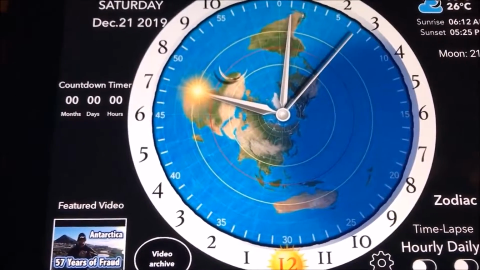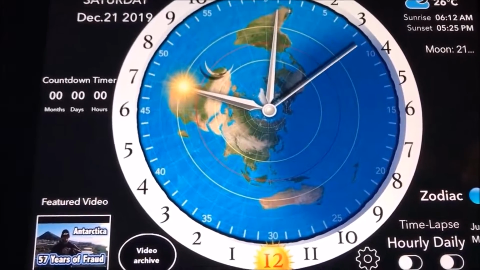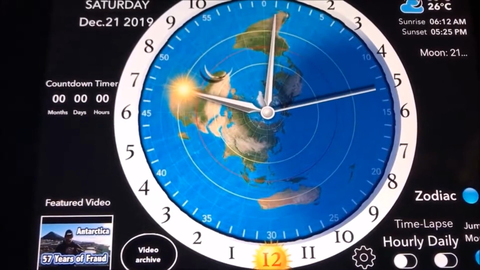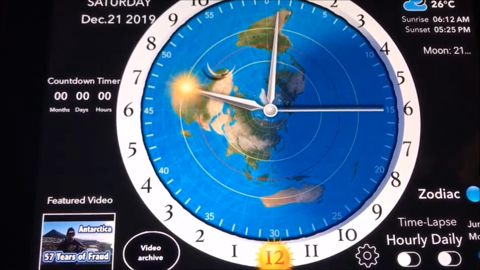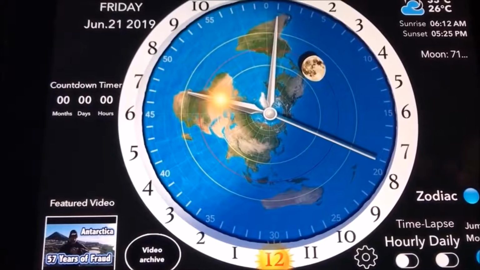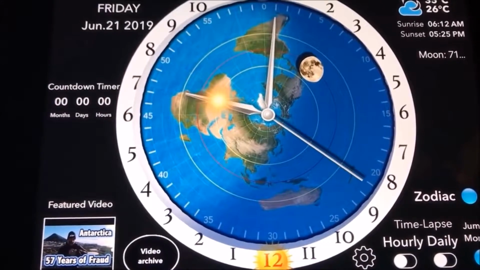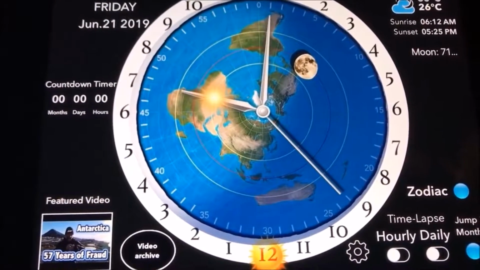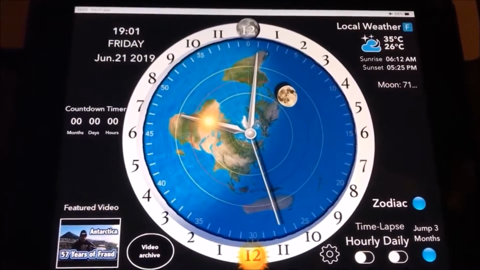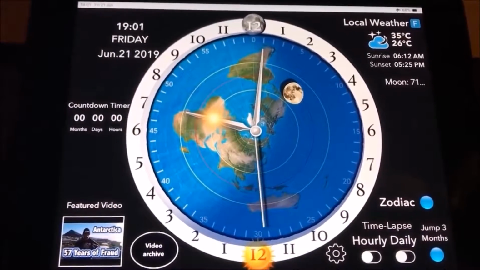The sun is over the Tropic of Capricorn, and yet Perth, Australia is in daylight. The sun is further away, and yet we have daylight in Perth. When it jumps back to the Tropic of Cancer, it is now closer to Perth, but Perth is in darkness. The whole model is ridiculous, and this app clearly demonstrates why.